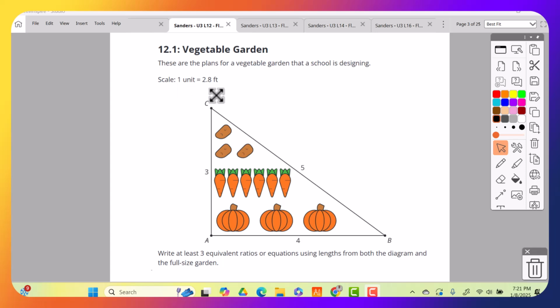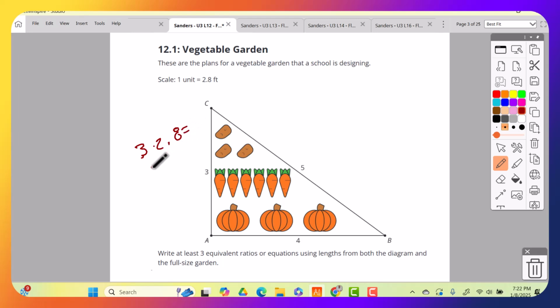1 unit is 2.8 feet. Okay, so that would be 3 times 2.8, and 3 times 2.8 is 8.4. Let's get the pen over here. There we go. 3 times 2.8.